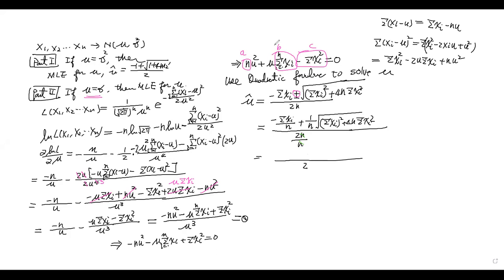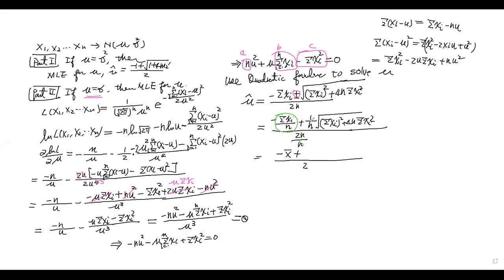That's good. And the summation of x over n will be x bar, so this is a negative x bar.